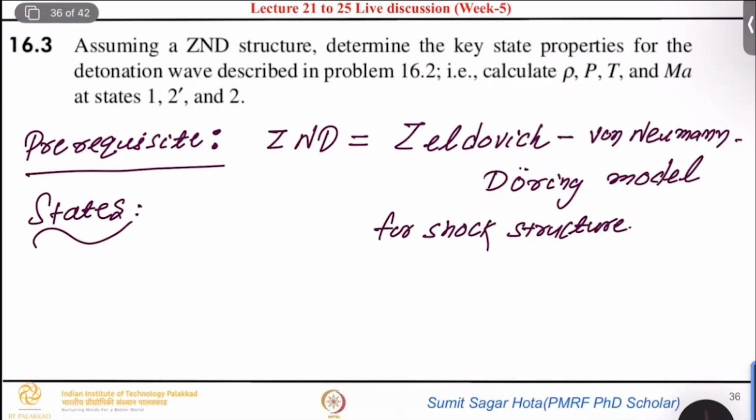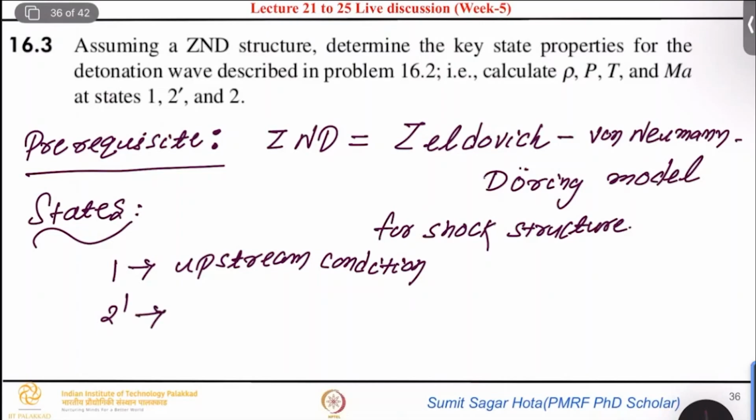States: state 1 is the upstream condition. State 2 dash is the condition at the end of the leading shock.